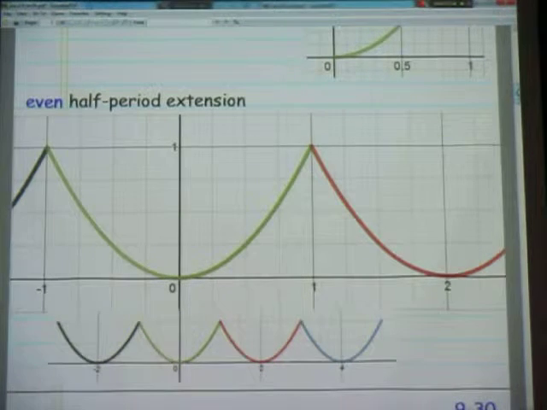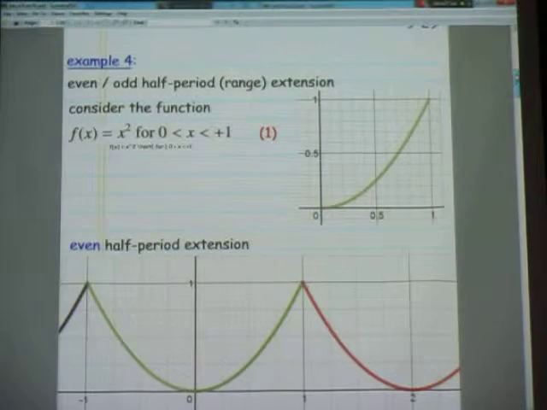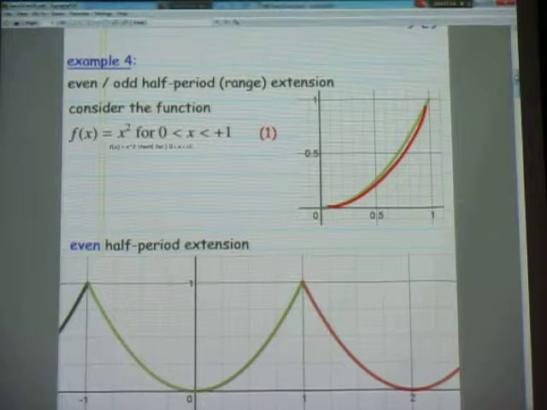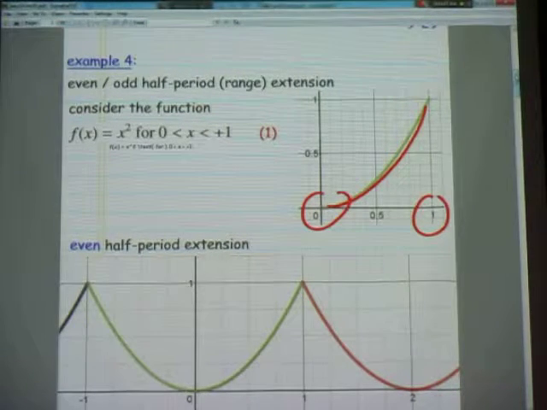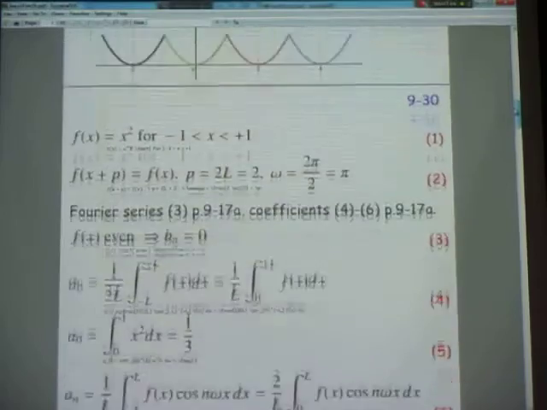In section 9C, again starting from just one branch of the parabola going from 0 to 1, you can extend this function into an odd half period extension, before we get into the Fourier series.